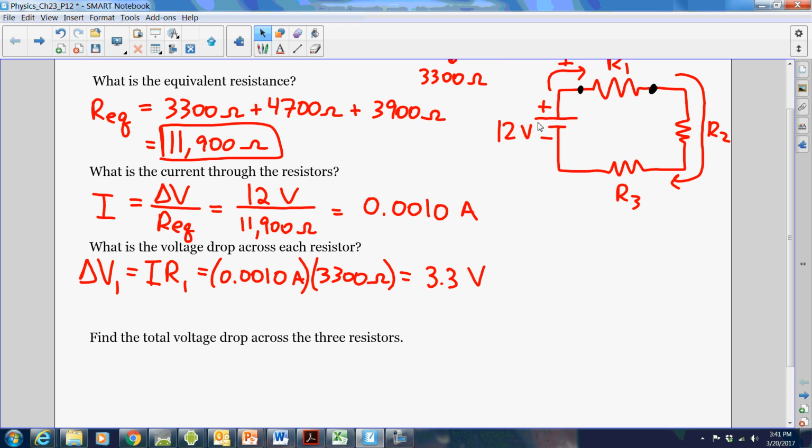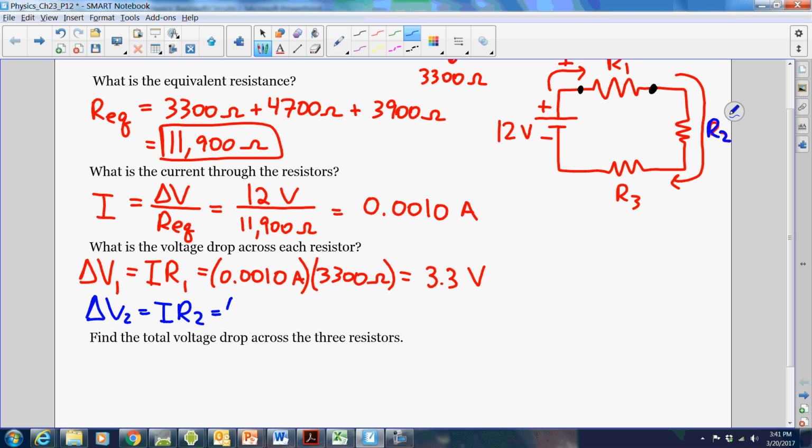Okay, and then I'll pick a different color here. Let's do R2. So if we do the same thing, I end up with 4.7 volts.